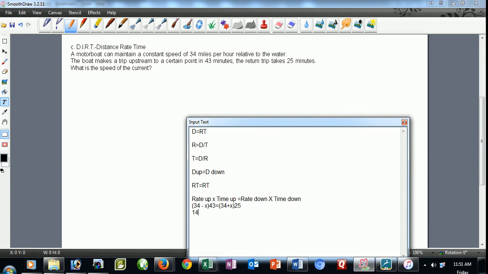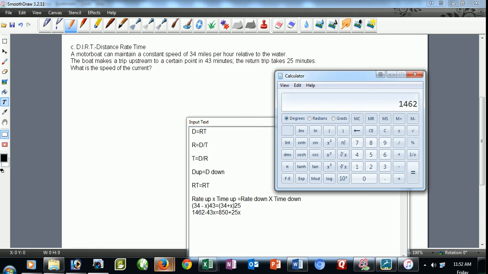So that's 1,462 minus 43x, because we distributed, equals 34 times 25, which should be 750 plus 100, 850, plus 25x. Let's confirm with the calculator: 25 times 34, cool, 850.